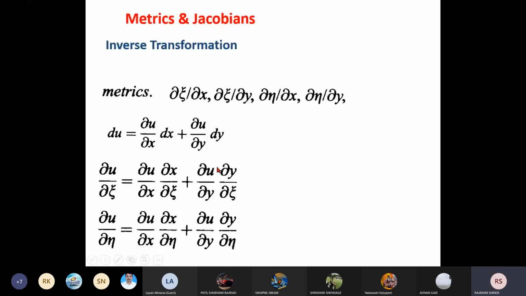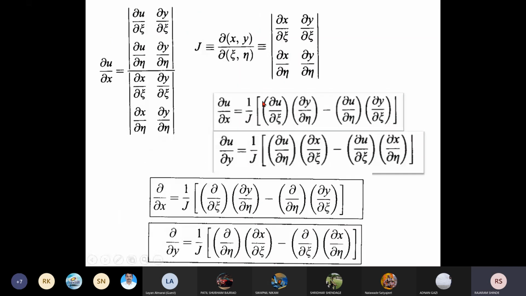It is the determinant of the matrix formed by the derivatives of the independent variables in the physical plane with respect to the independent variables in the computational domain. The derivative can be written using inverse transformation, like 1 upon Jacobian times these terms.